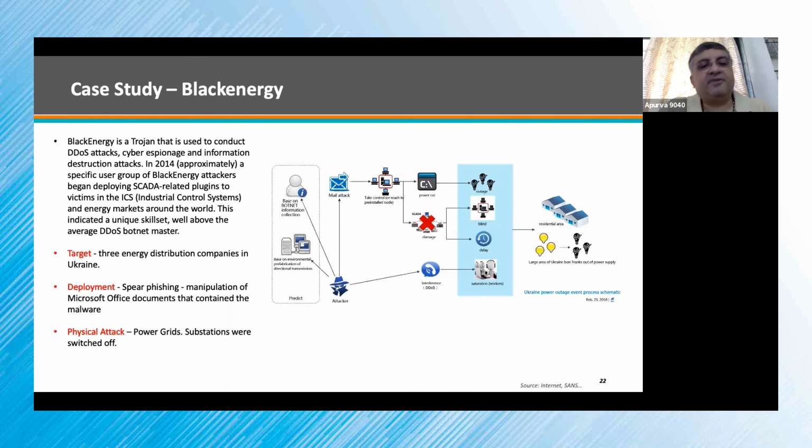Somebody did a spear phishing attack, sending a Microsoft Office document with malware in it. There was code built into the Microsoft Word document. Somebody opened the document and it released the attack onto the system.